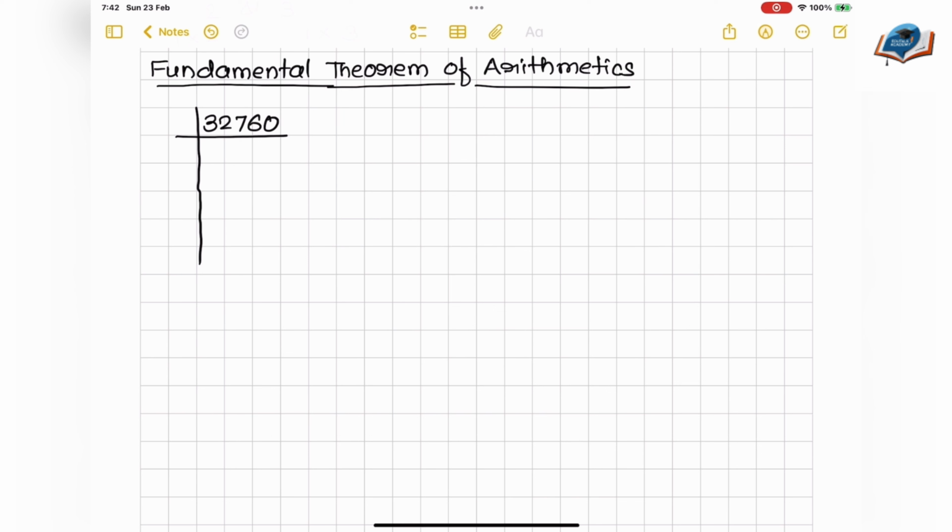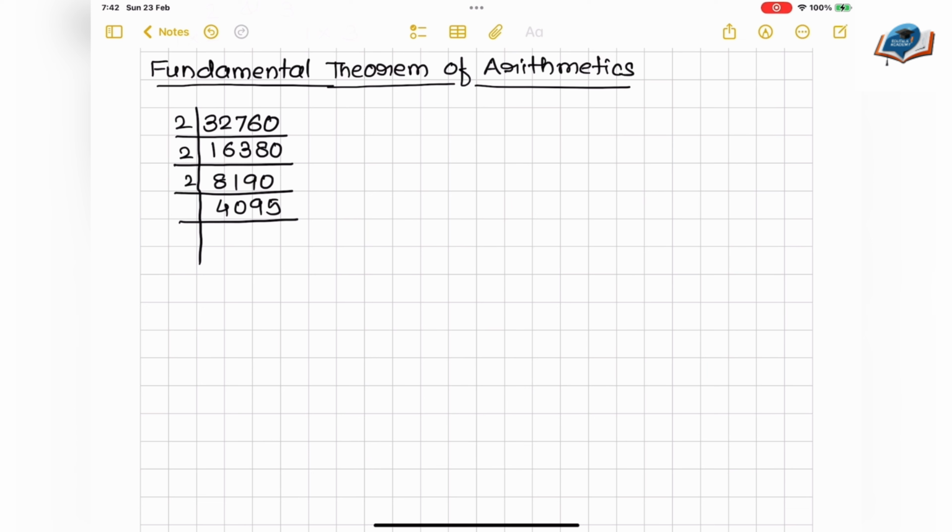So with 2 it will go 16380. Then again with 2, 8190. Again 2, 4095. Now, with 2 it is not going. So now I will check for 3.